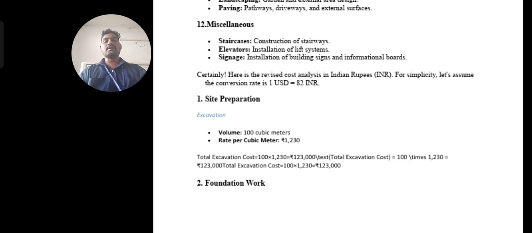But if you are working in Telangana, we take the rate schedule analysis of Telangana state itself. This is helpful even if you want to prepare a contract or a tender.